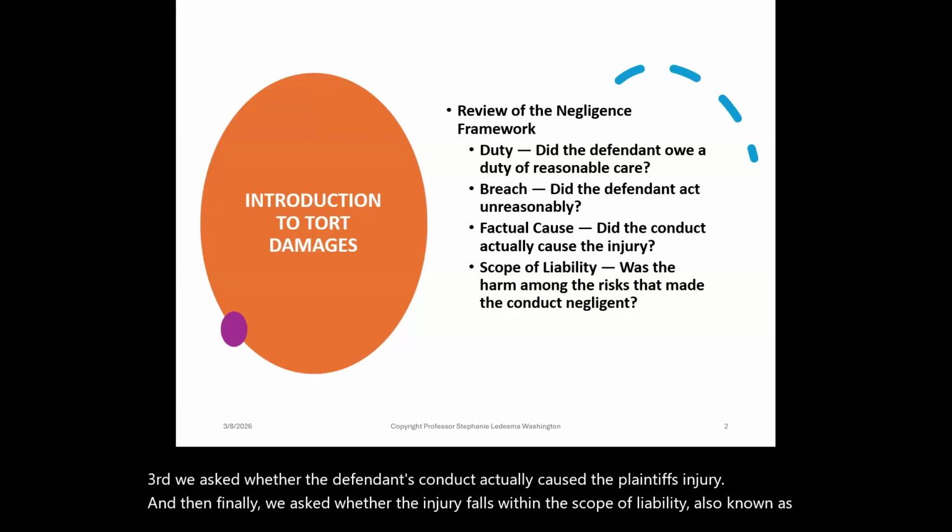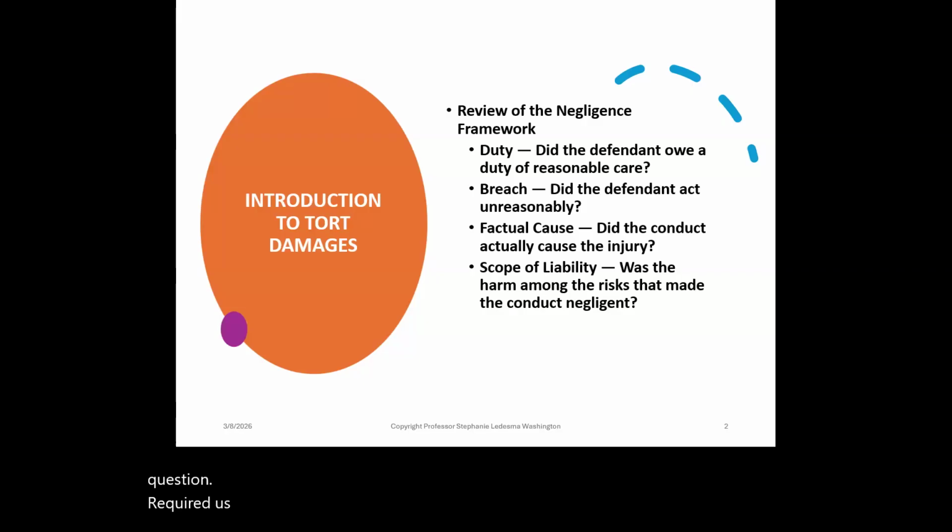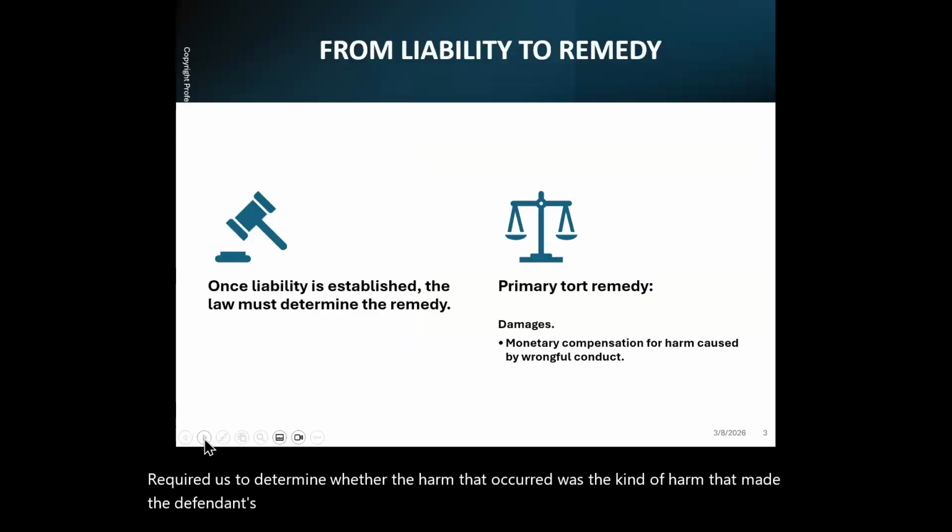Now, that final question, the proximate cause question, the scope of liability question, required us to determine whether the harm that occurred was the kind of harm that made the defendant's conduct negligent to begin with.